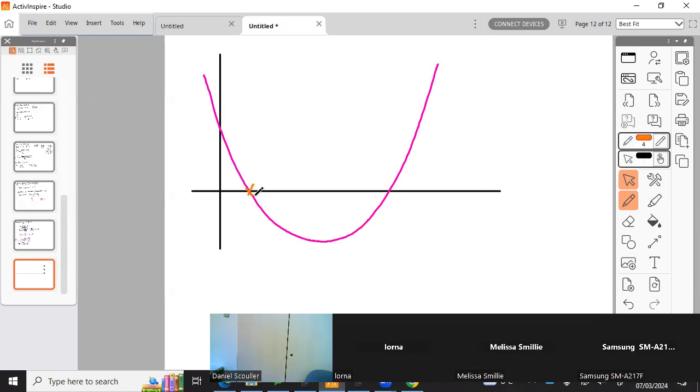Okay, we find the roots by factorising. We find the turning point by completing the square.